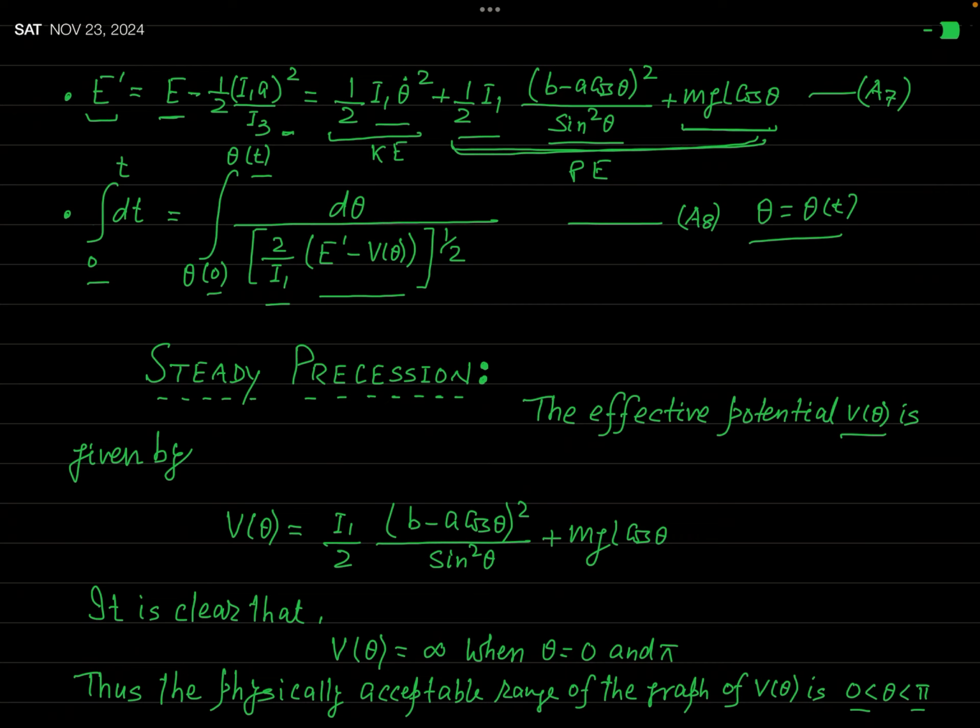However, the solution for theta as a function of time involves the use of elliptic integrals, and the procedure becomes very complex. So due to the complexity of evaluating this integral, because of the presence of elliptic integrals, we discuss this problem in an alternative way, which deals with the phenomenon in a qualitative manner.